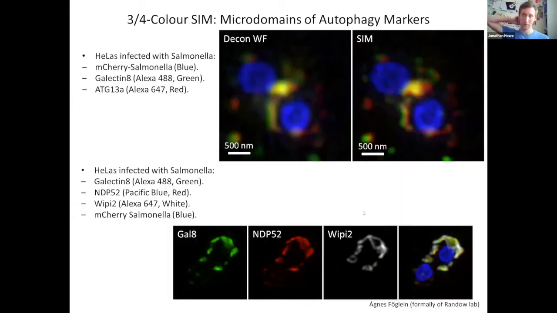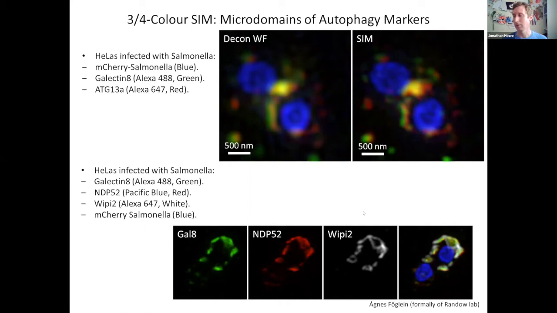Just to demonstrate, you can do, as I said, more than 2 colors. You can do 3 or 4 colors. These images were given to me by Aggie, and these demonstrate the improvement in resolution and how that might be useful.